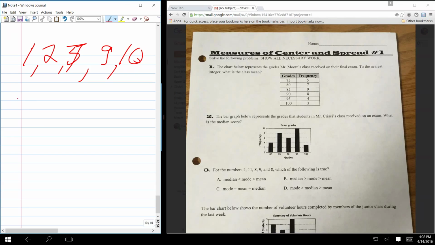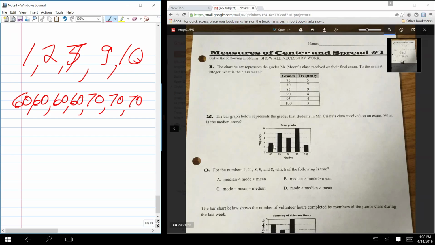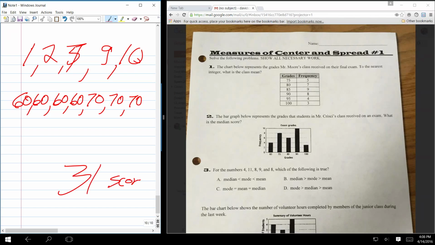In other words, there are 4 60s. And then there's 8 70s, and so forth and so on. How many are there altogether? Well, let's see. There's 4 plus 8, that's 12, plus 6, that's 18, 28, and 3. There's a total of 31 scores.